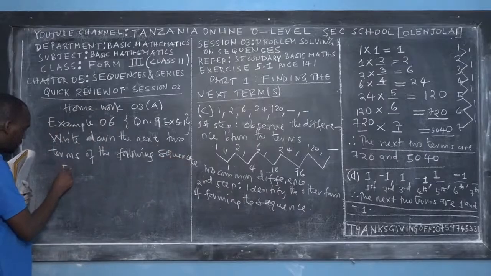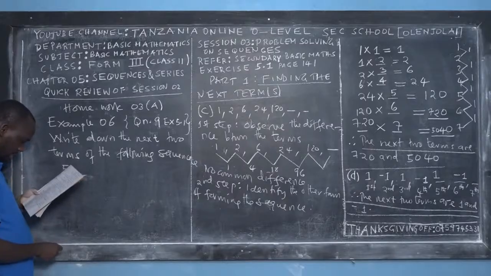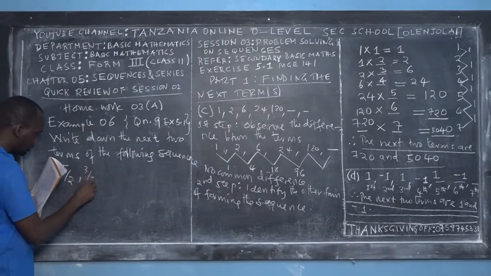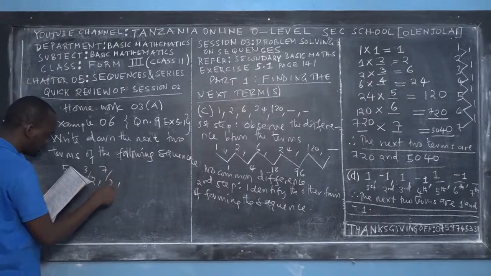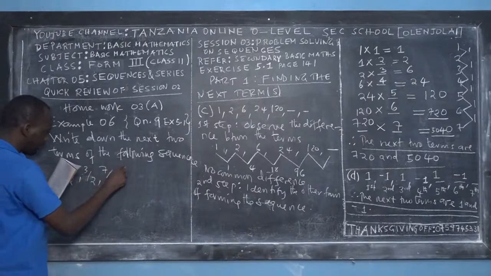And this sequence is 5 over 2, comma 3 over 2, comma 7 over 3, comma 5 over.